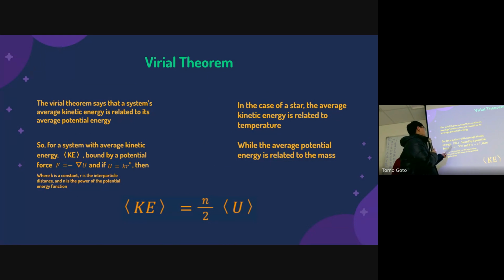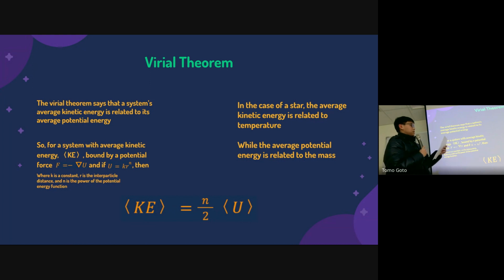So for a system with average kinetic energy KE bound by a potential force F equals minus the gradient of U, and U equals K times R to the power of N, where K is the constant, R is the interparticle distance, and N is the power of the potential energy function. So KE becomes N over 2 times the average potential energy, which is the definition of the Virial theorem.